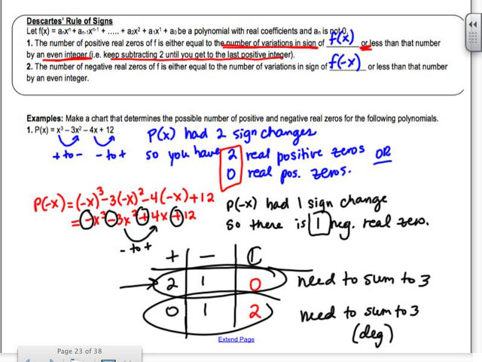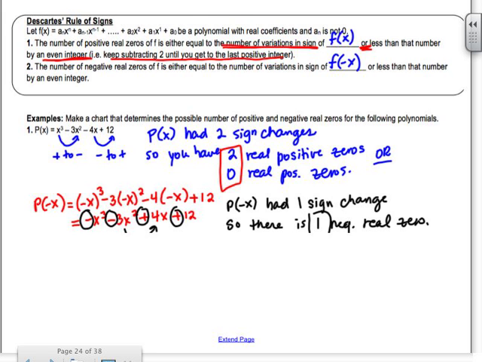So you just fill in whatever number is necessary. Mhm. So if you had like a 0 and a 0, you put in a 3. Yeah, but it would never be 3. Yeah, but for like some weird example. Yep. Yeah, it's always going to be even numbers for your complex numbers because they go in pairs. So if you have 2i, you're also going to have negative 2i. They go in pairs. If you started with like x to the 4th, would they need to start adding a 4? Yep. So if you started with x to the 4th, they add to be 4.